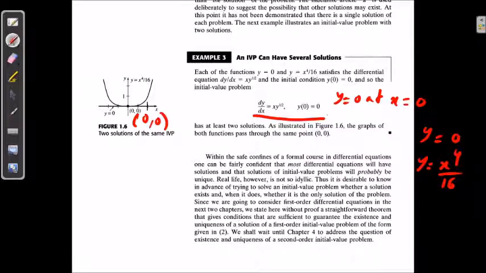Both solutions pass through this point. So the solution of this initial value problem is not defined uniquely. To define the unique solution of an initial value problem, we will discuss a theorem about it.